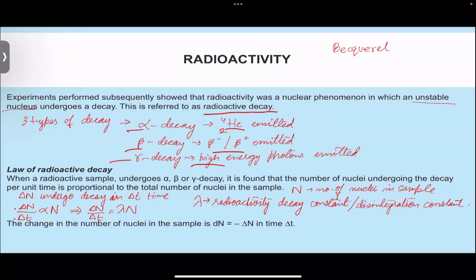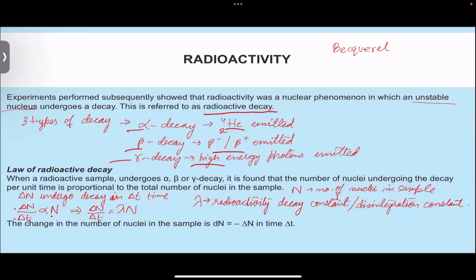This is the law that the number of nuclei undergoing decay per unit time is proportional to the total number of nuclei present in the sample. So this ∂N/∂t is the rate of decay.